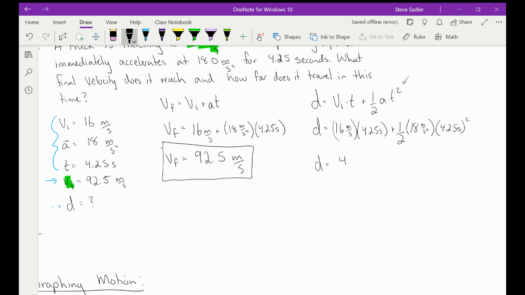My brain is not working very well today. 68 plus all of this stuff here. Make sure we use our BEDMAS. The exponent is only acting on the 4.25, and we get 162.6. When we add those together, we get 230.6, and that is meters.